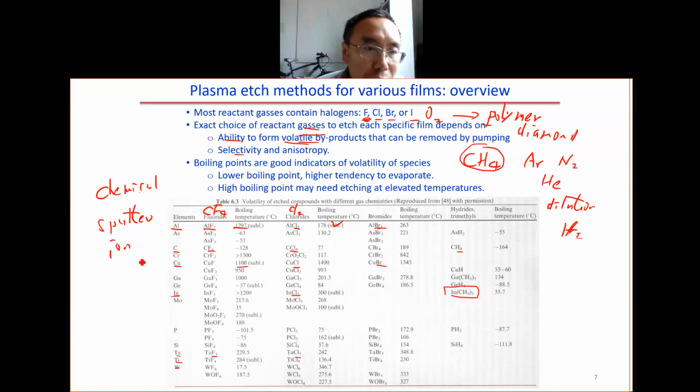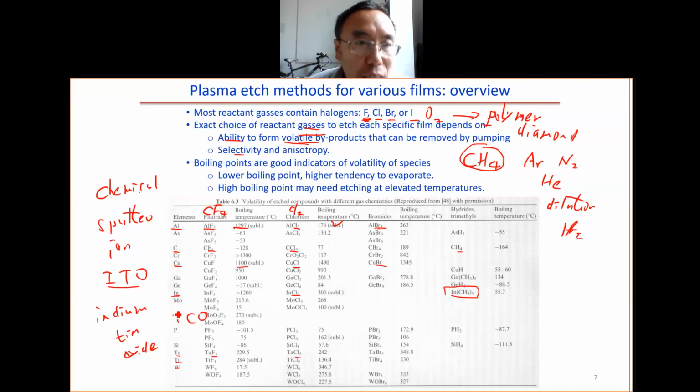For example, if we etch ITO, indium tin oxide, this is the most popular TCO, transparent conducting oxide. This material ITO is transparent, and it is also conducting. This is very useful for the LCD display.